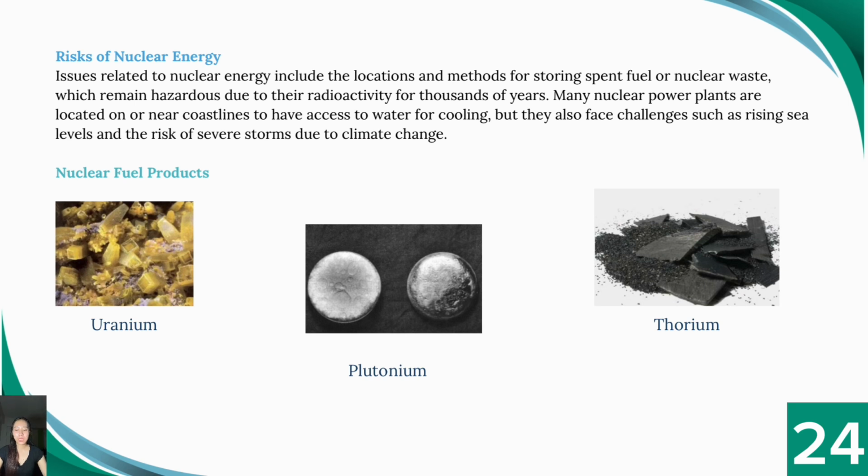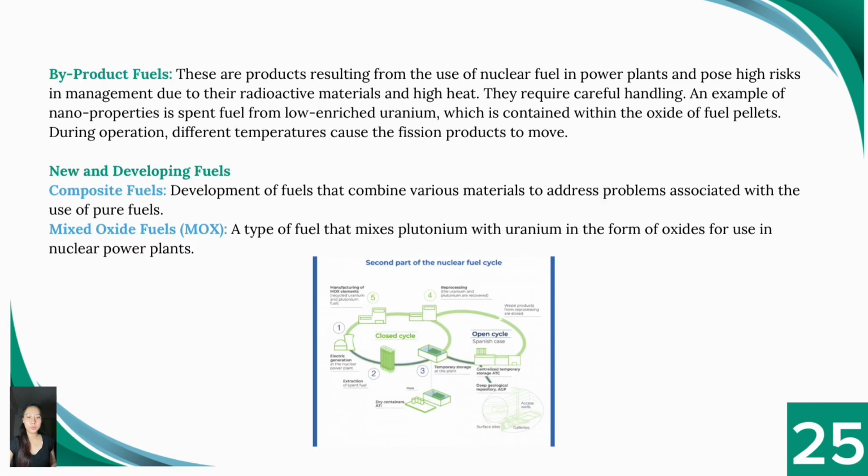Nuclear fuel products: uranium, plutonium, and thorium. Byproduct fuel. These are the products resulting from the use of nuclear fuel in power plants, and pose high risk in the environment due to their radioactive material and high heat.